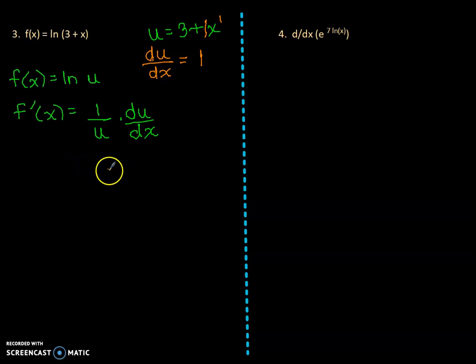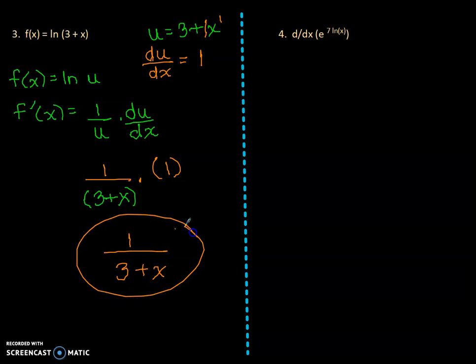So plugging this all back in, this will give me 1 over u, which is 3 plus x, multiplied by du over dx, which is just 1. Anything times 1, even if we multiply straight across, will still be the same. So it'll just be 1 over 3 plus x.